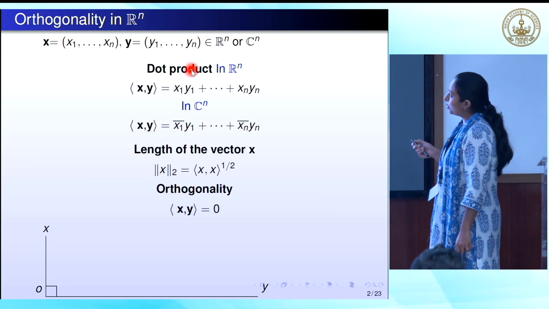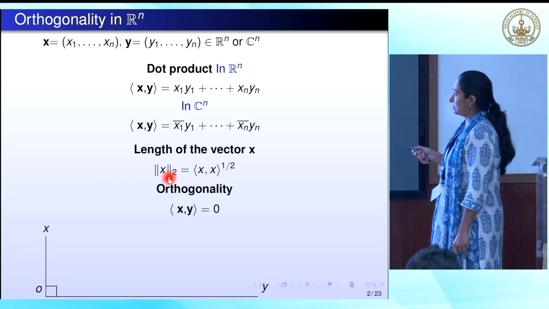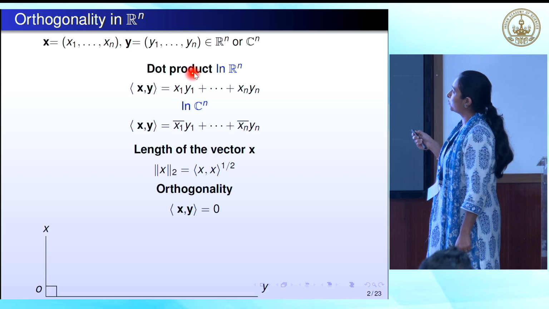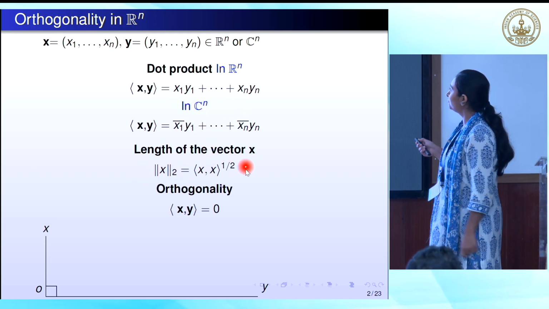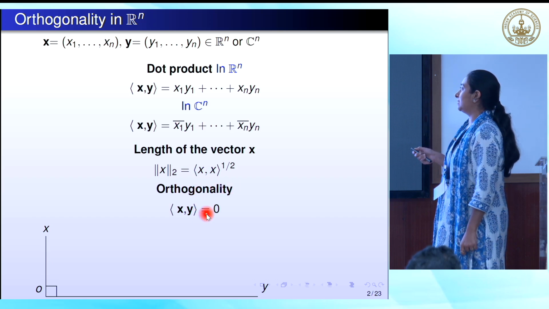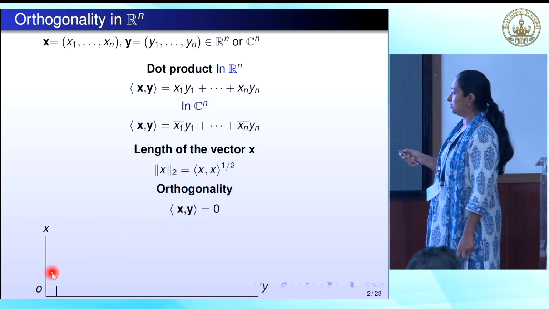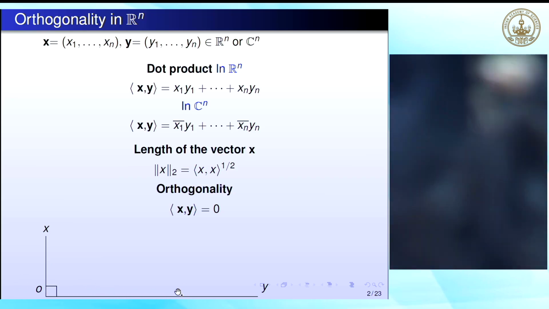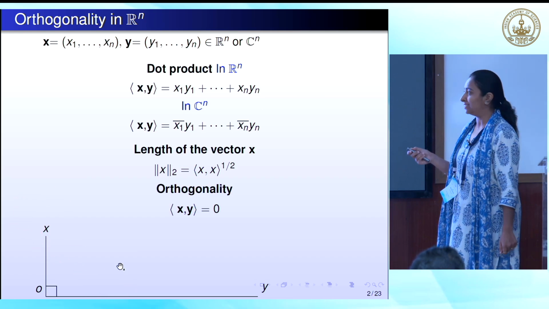With these dot products, there is a length of a vector, which in Rn is (|x1|^2 + |x2|^2 + ... + |xn|^2)^(1/2). And orthogonality is just the inner product of x and y equal to 0. So these are two orthogonal vectors. We all have seen that. You can tilt them a little bit if you like, but this is the beginning point of our study.